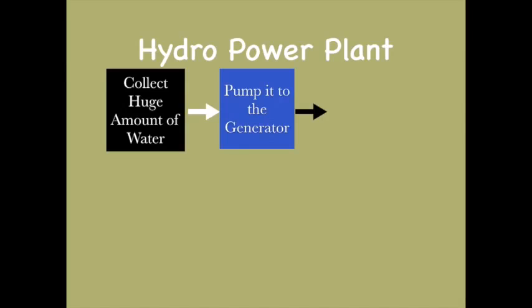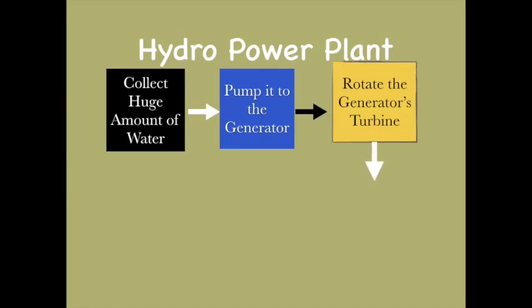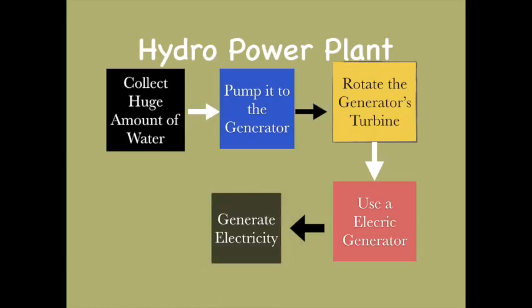Then this high pressure water helps in rotating the generator's turbine. The rotating turbine produces electrical energy and we finally get electricity. So this is how electricity is developed in a hydropower plant.